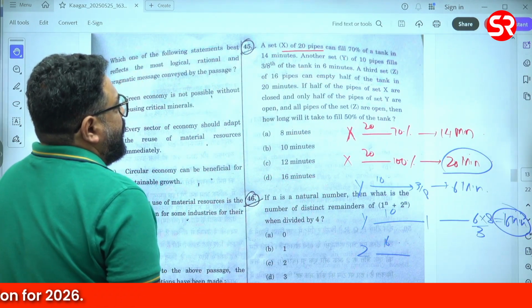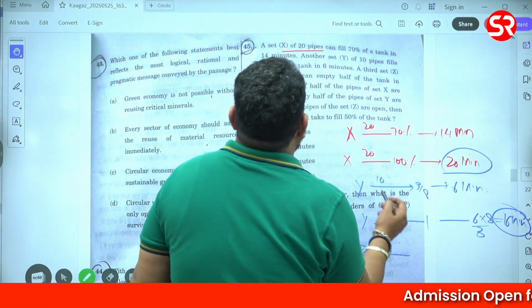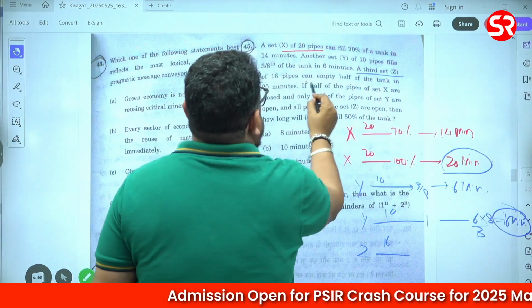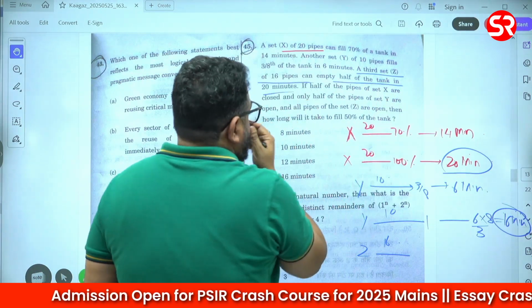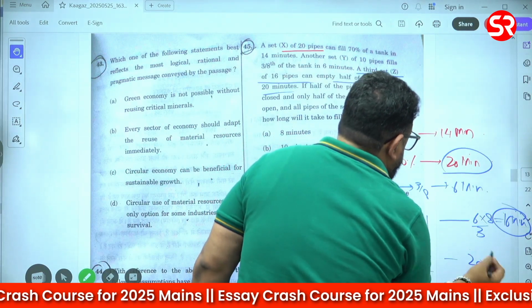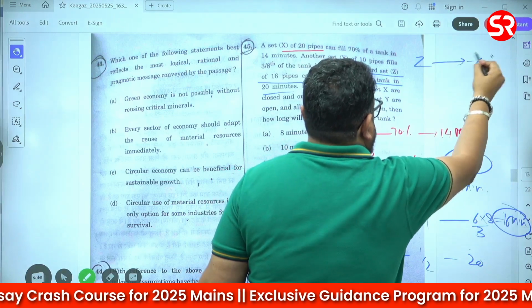The third set of 16 pipes can empty half the tank in 20 minutes. So half in 20, full would be 40. So Z, full would be minus 40.